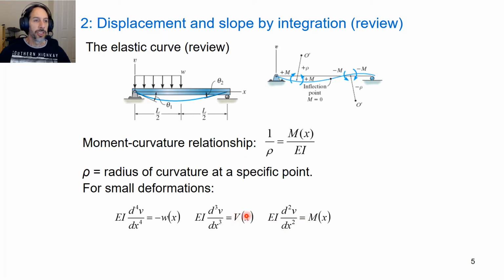And we also have the shear diagram, or the internal shear force, and then we also have the loading. So here we have a distributed load and the relationship between the deflected shape. So here we have the deflected shape given by the symbol V, right? So the vertical deflection here.